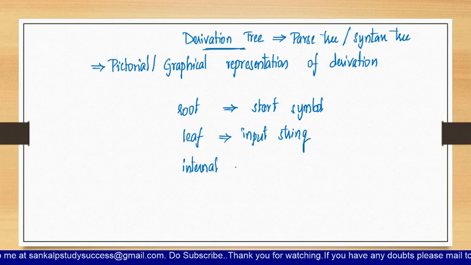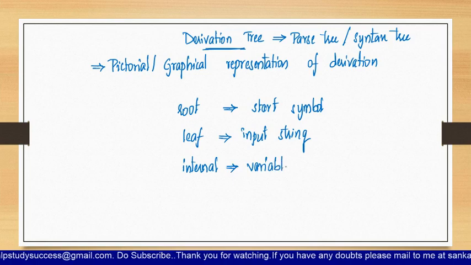And internal nodes are nothing but variables. For each and every internal node, we are going to substitute in the place of the variable. Generally, for variables, we substitute the terminals, right? So for the internal nodes, we substitute in order to get the leaf nodes, which are nothing but our input string.